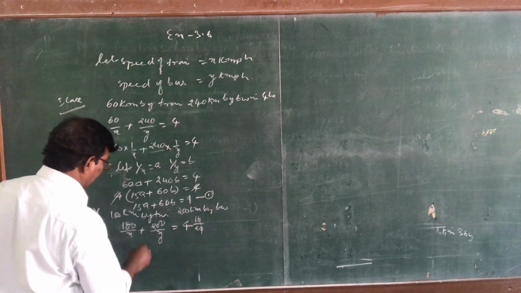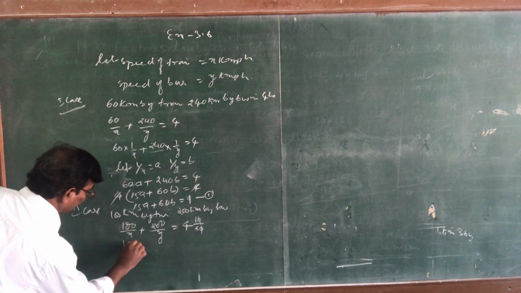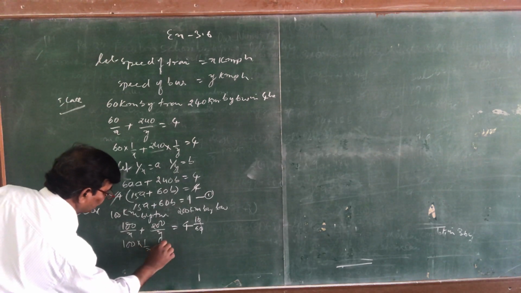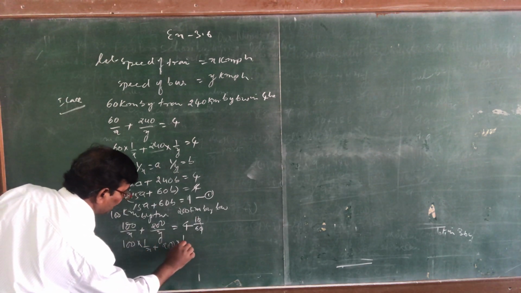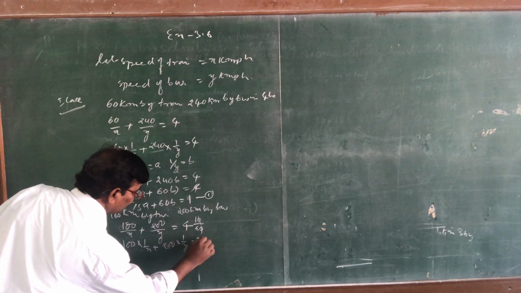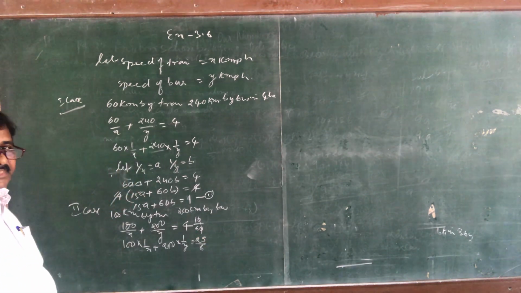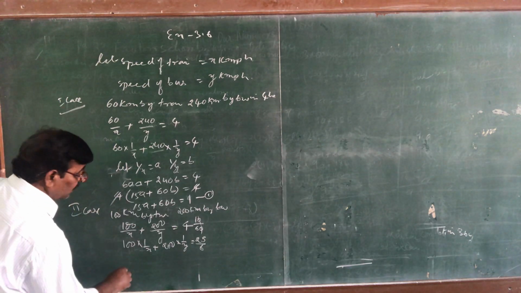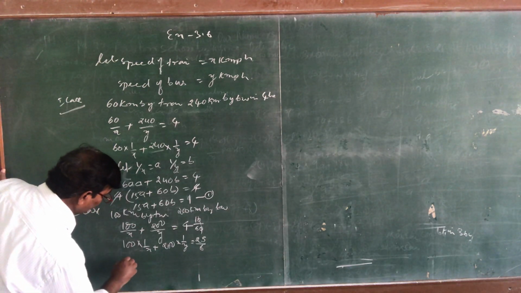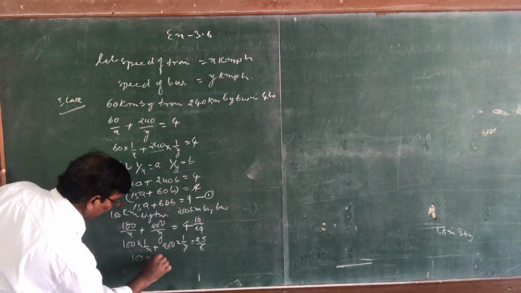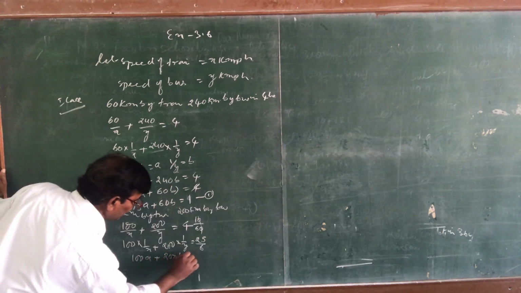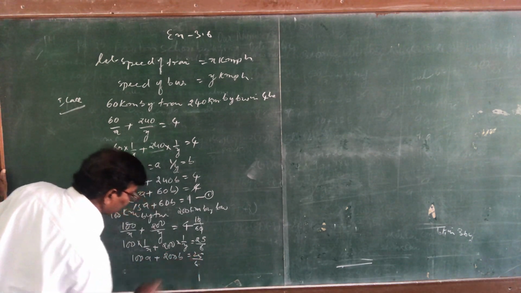Zeros cancel. Now this is 100 into 1 by x plus 200 into 1 by y is equal to 25 by 6. So here this also you can write in the short form: 100a plus 200b is equal to 25 by 6.